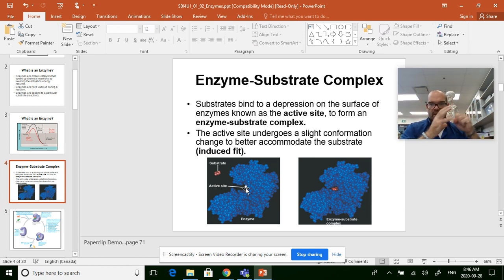Once it goes in, it causes a slight change in the shape of the enzyme, and that slight change just helps the substrate lock in, and then it can lower the energy required to, like I said, either break your substrate apart or put two things together, whatever the reaction might be.